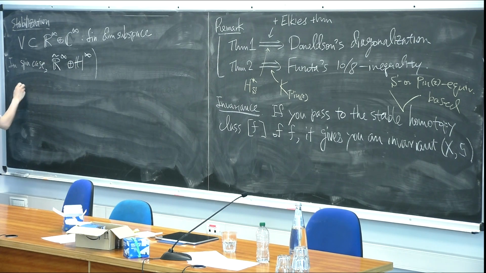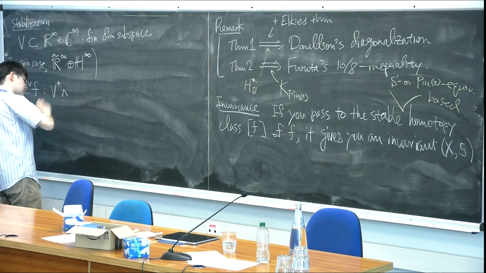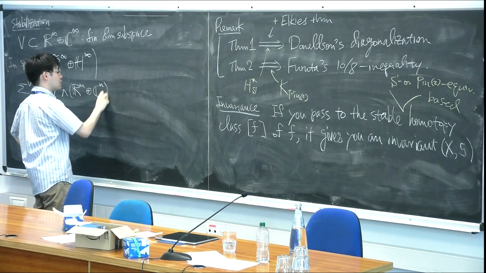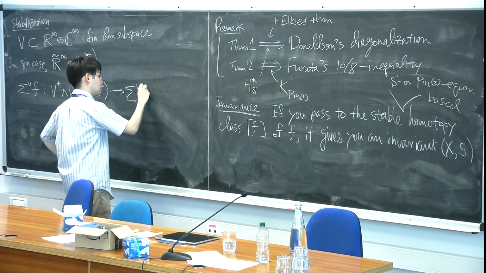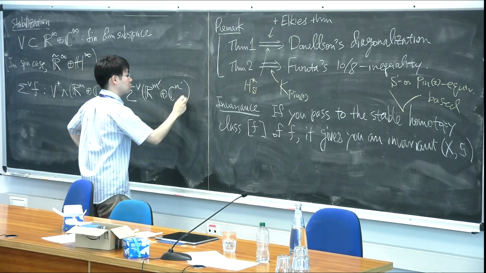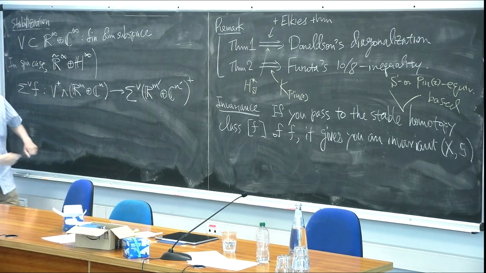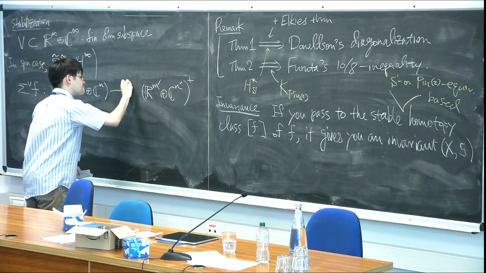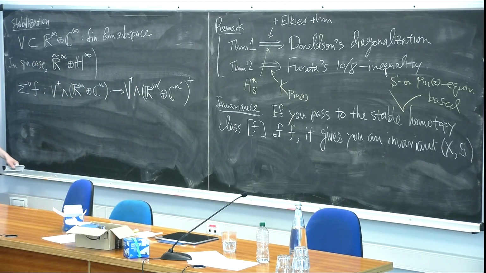Then you can consider the suspension of your map f by this, by which I mean you take a one-point compactification of this vector space, and you make a smash product for both domain and codomain by this. This is the meaning of stabilization.